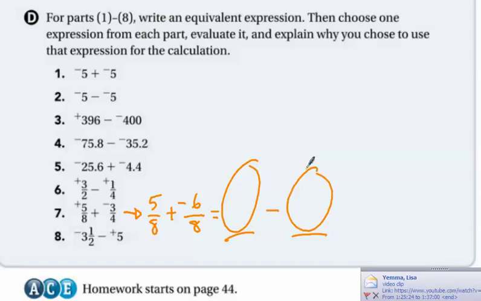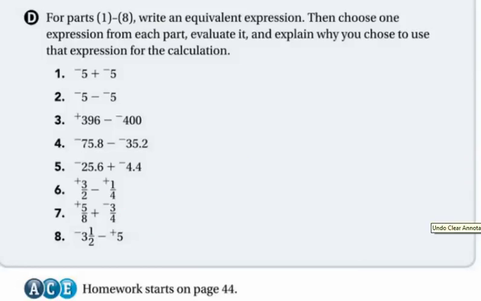And then for number 8, negative 3 1/2. I'm going to change that into an improper fraction. So I multiply 3 times 2 is 6, plus 1 is 7.